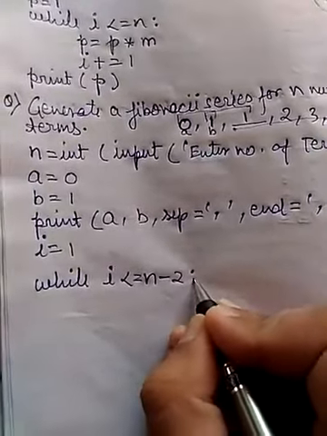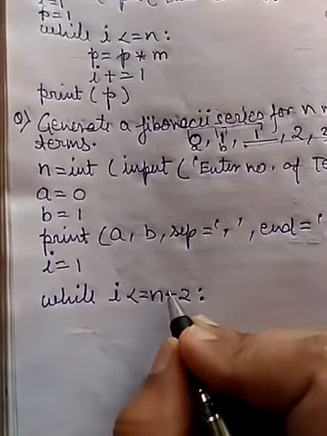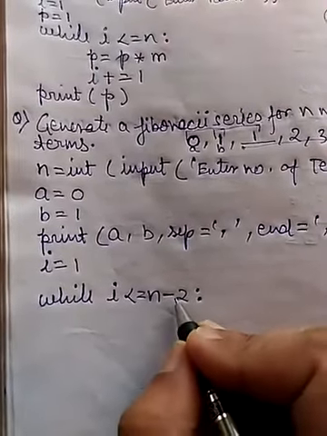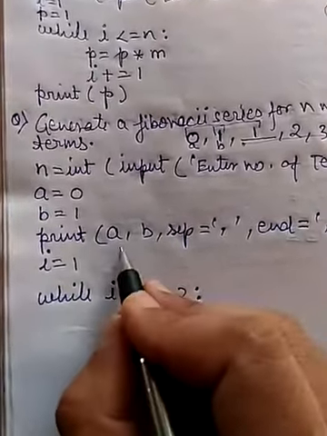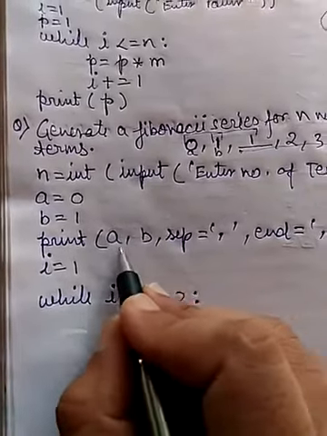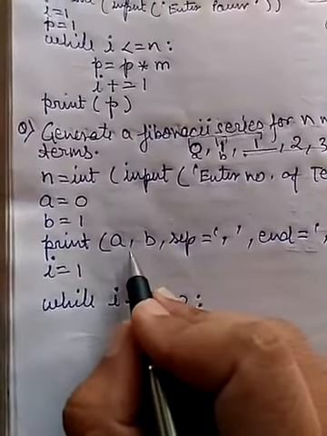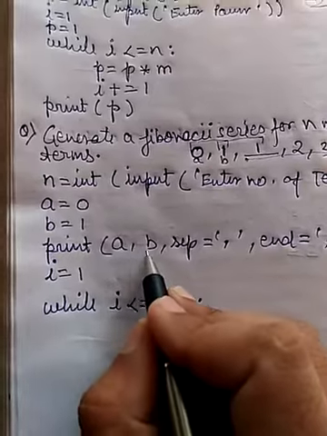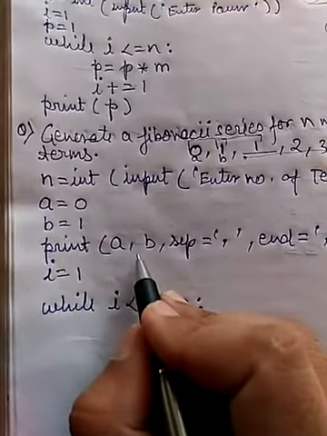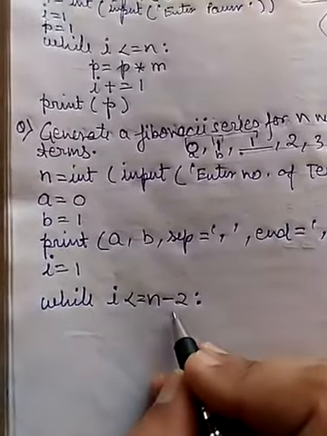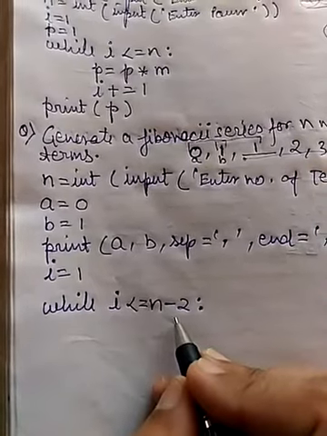Why n minus 2? Because I have already displayed two terms before starting the loop, so the loop should count two less.